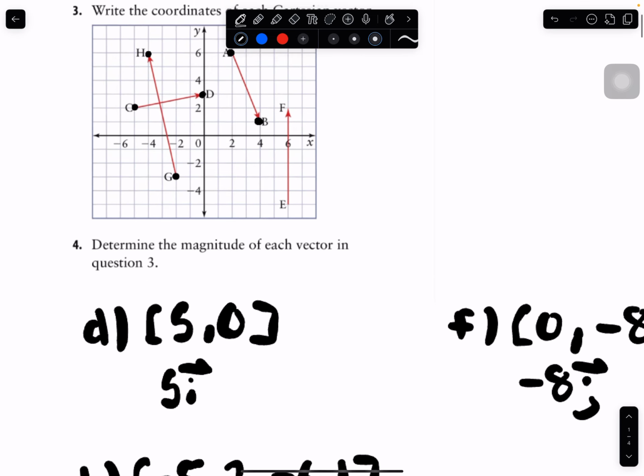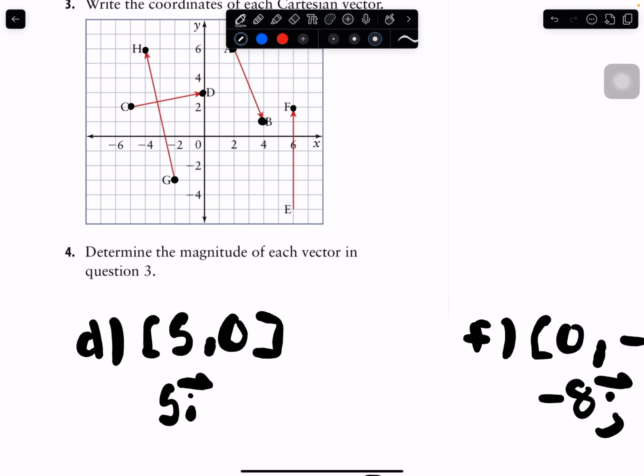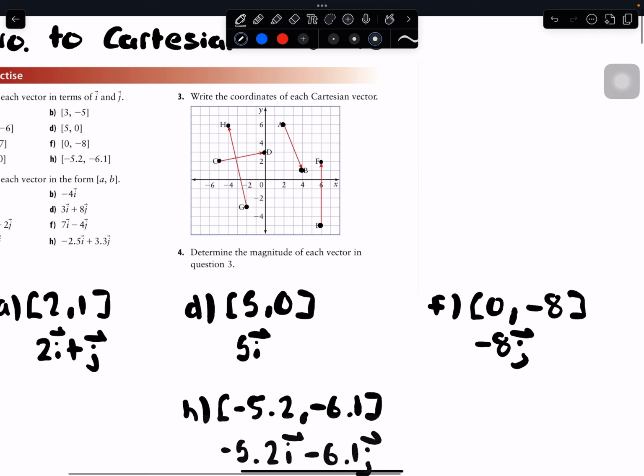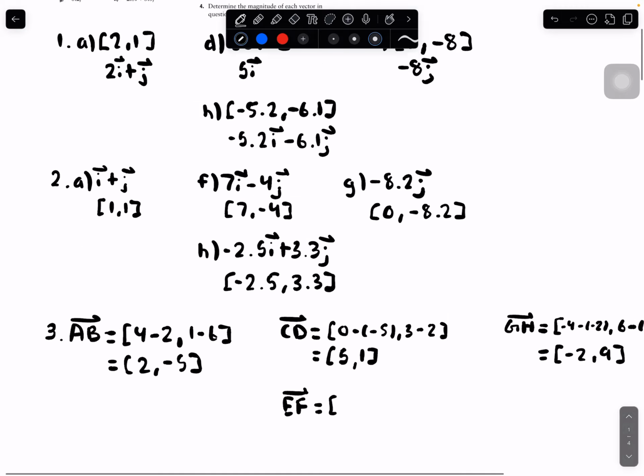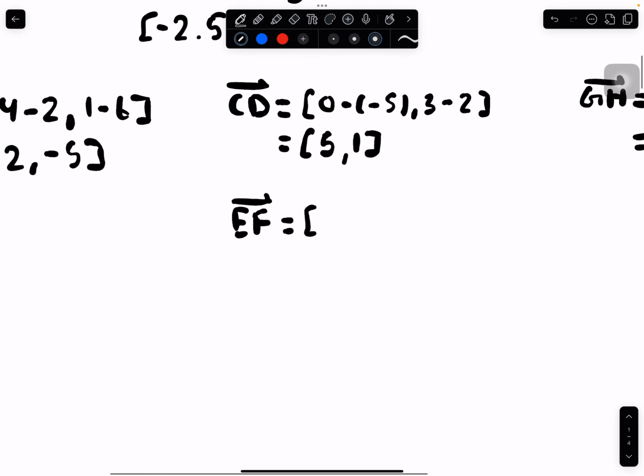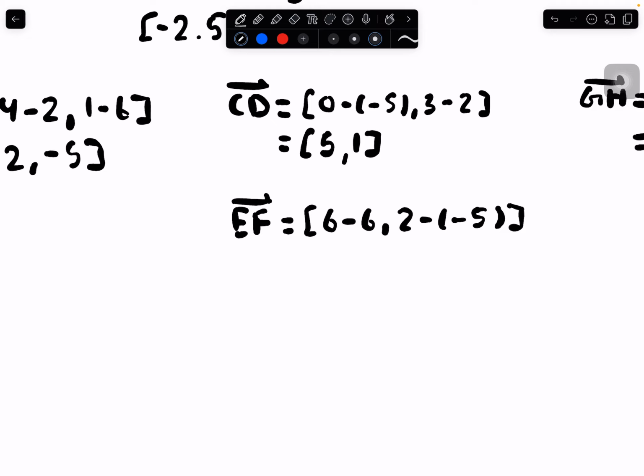So EF. The x coordinate matches, so we just have 6 minus 6, and we have 2 minus negative 5. And we're left with 0, 7.